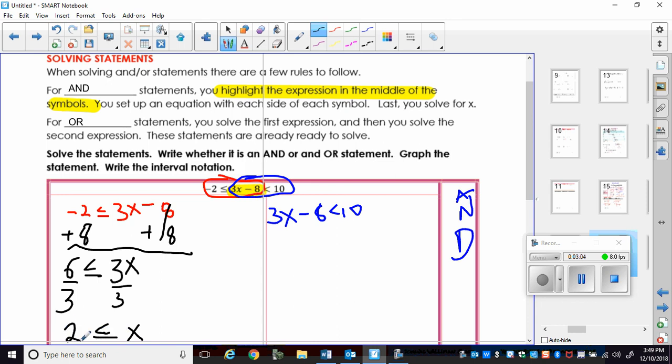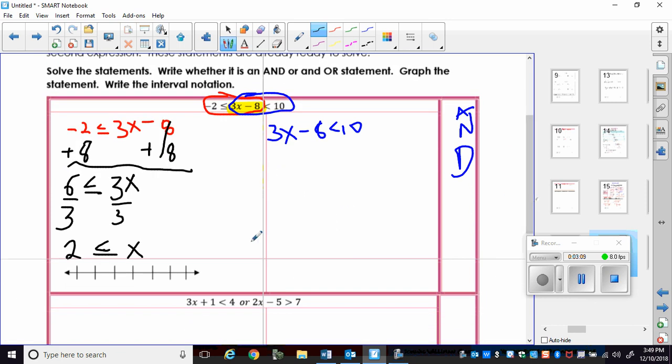Keep in mind, this is an and statement, so I'm going to be creating a graph that's going to have 2 endpoints. For the next portion, I'm going to add 8 to both sides, right? Add 8 to both sides of this inequality. Draw my line underneath.